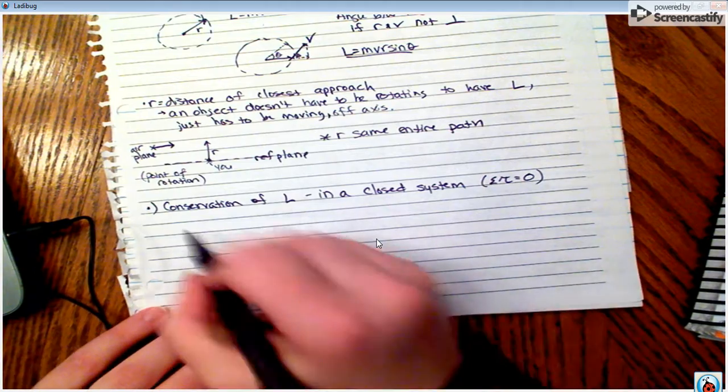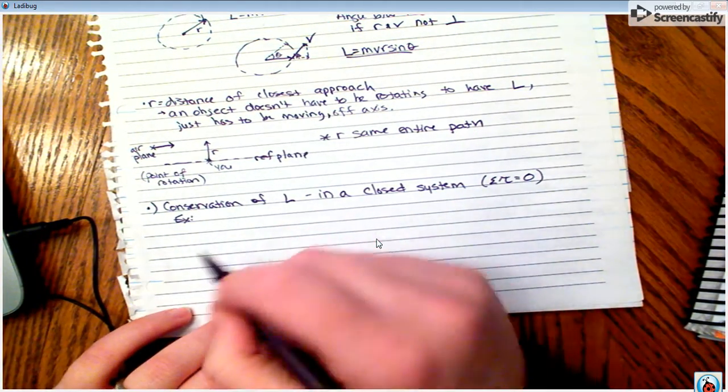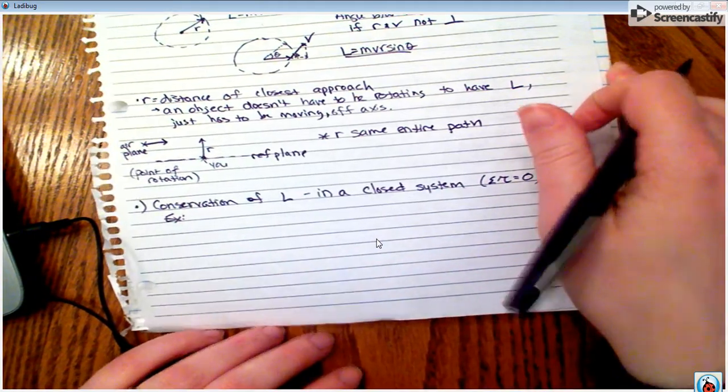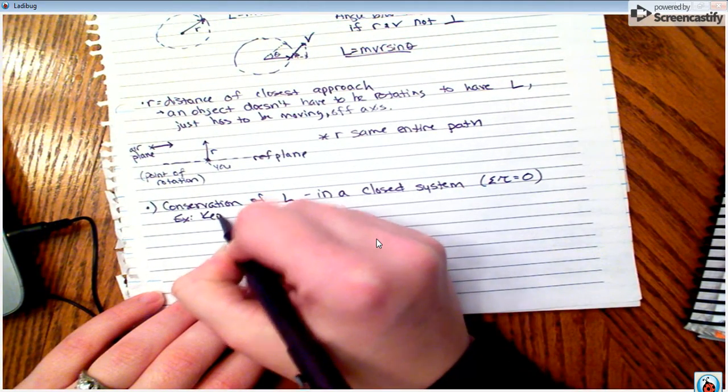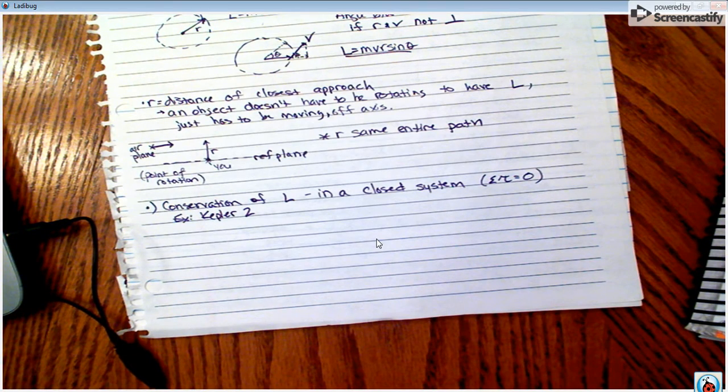Now, the best example of this, well, one of them, you've heard this term before when we were talking about Kepler's second law. Now, circular motion seems like forever ago, but we had those 3 Kepler's laws. The first one was that orbits are ellipses, and hooray.